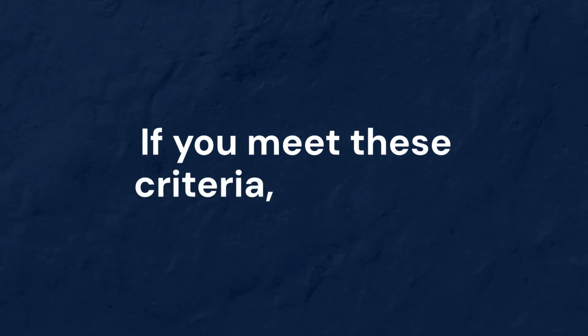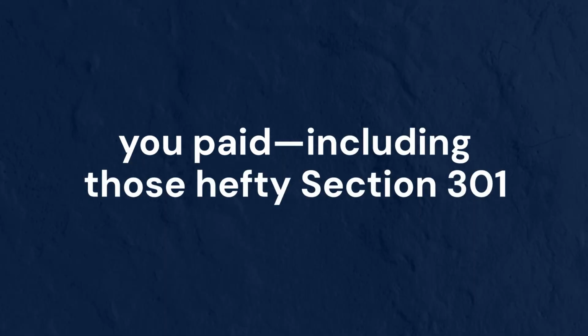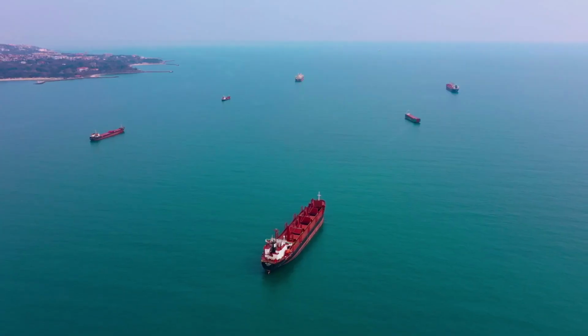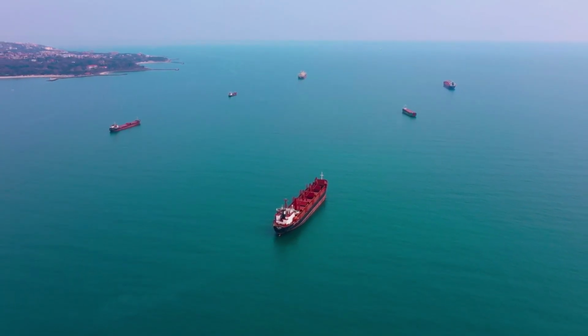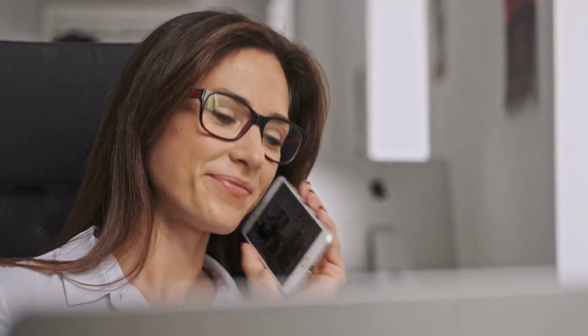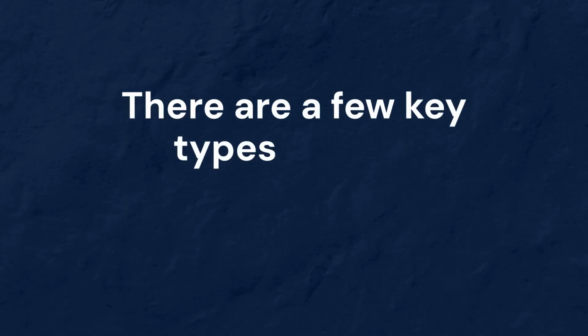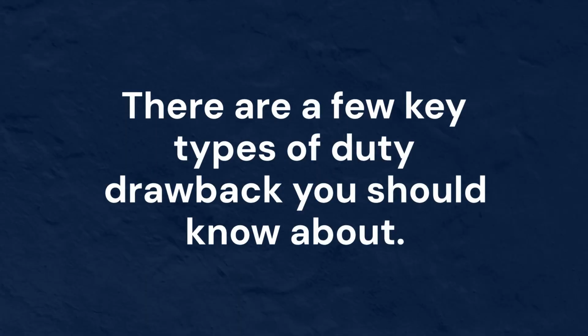If you meet these criteria, you could recover up to 99% of the duties you paid, including those hefty Section 301 tariffs. However, be aware that not all products qualify. For example, if your goods are also subject to anti-dumping or countervailing duties, you may not be eligible for a standard drawback refund.